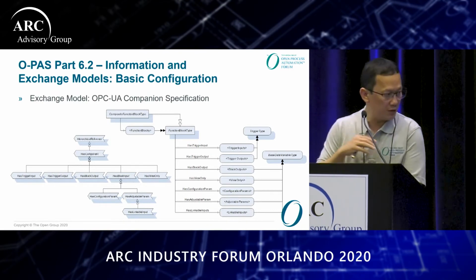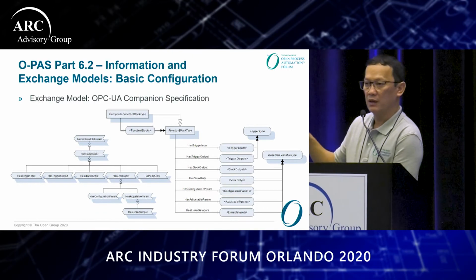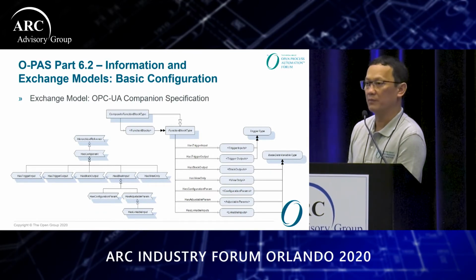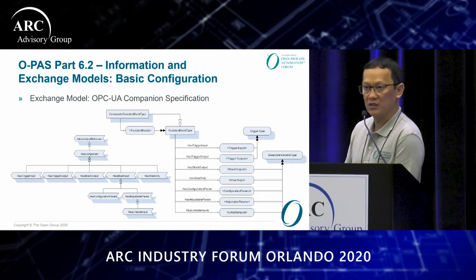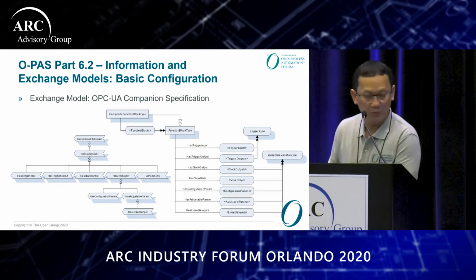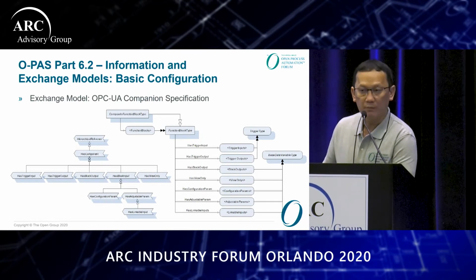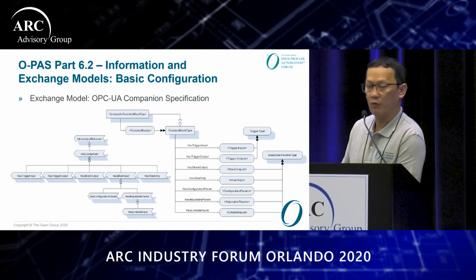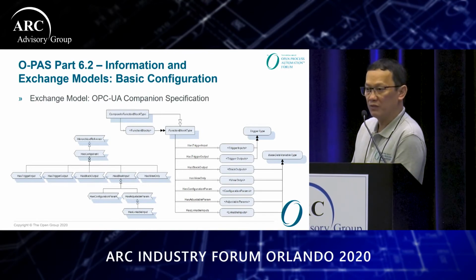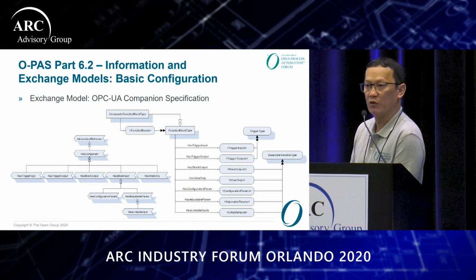So you're going to see Don talk about 6.4, and then eventually we're going to release other 6.x standards that will be based on this information model. So we have a new reference model that we created for OPAF that will define the basic function block for the 61131 function block control engine and the 61499 control engine.